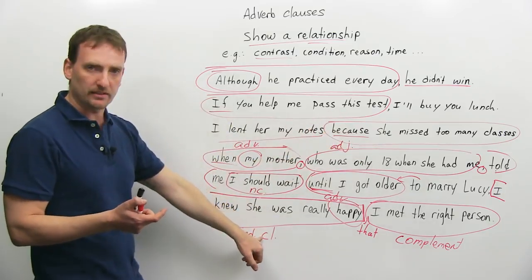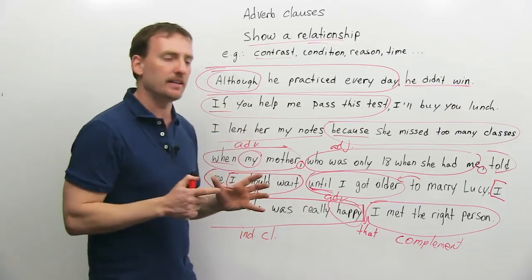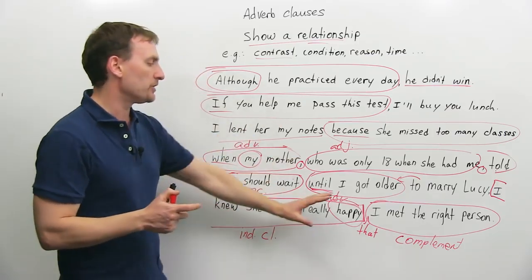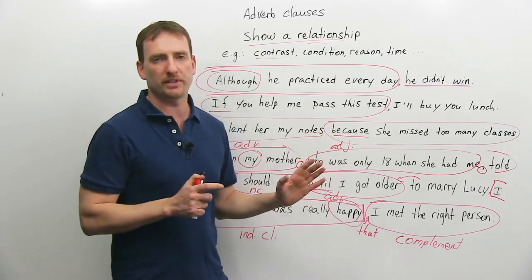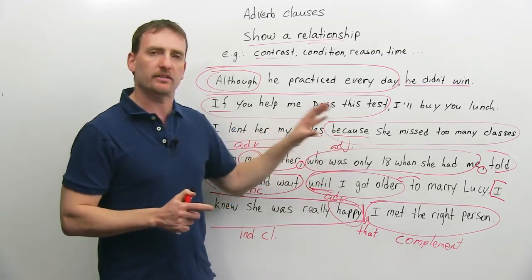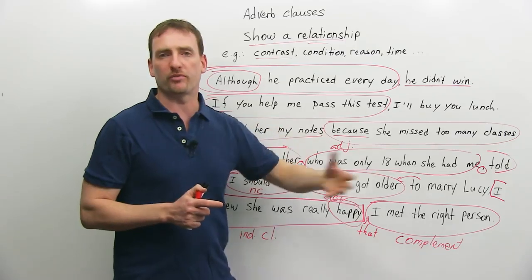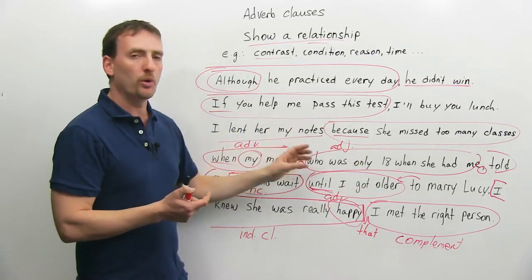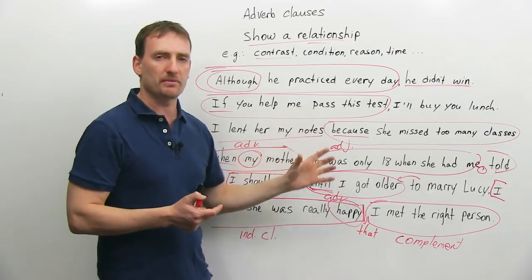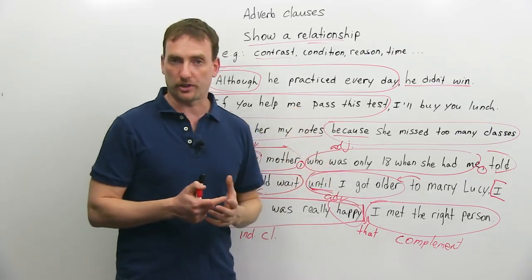When you know the independent clause, that's your main idea. I knew she was really happy. This is the main idea. This is the most important piece of information. All this other stuff just gives you more information. It just modifies the main idea. Know the function, know the type of clause, know how everything is working.